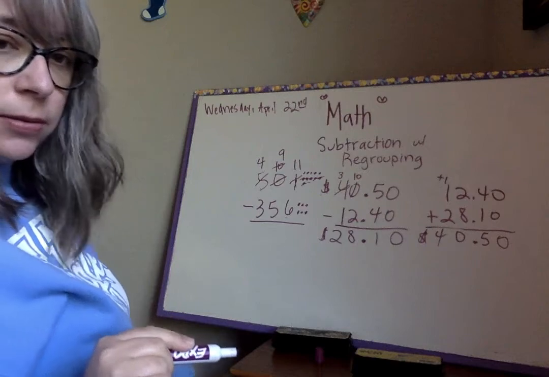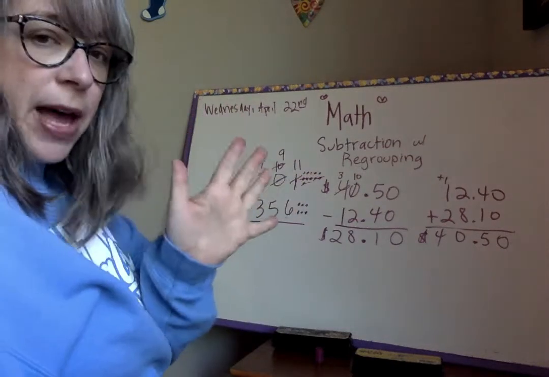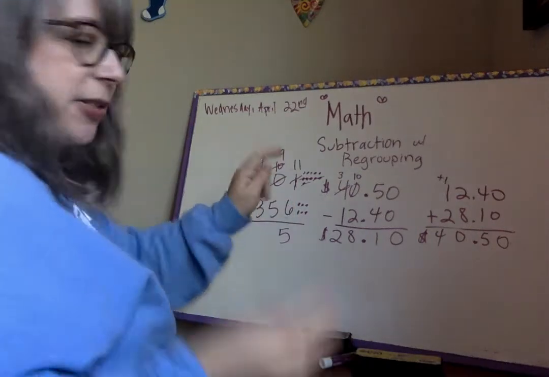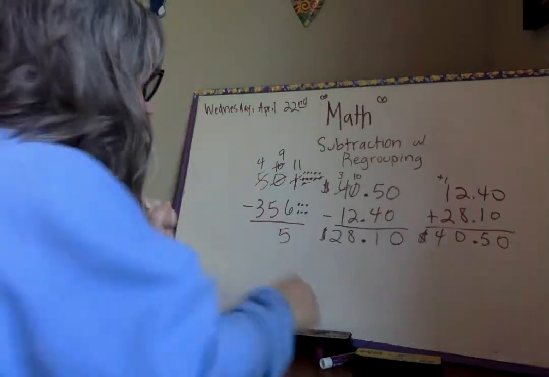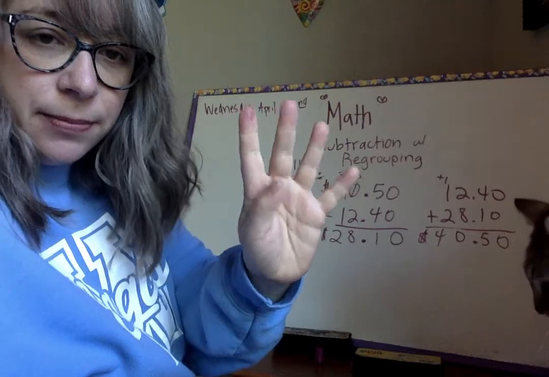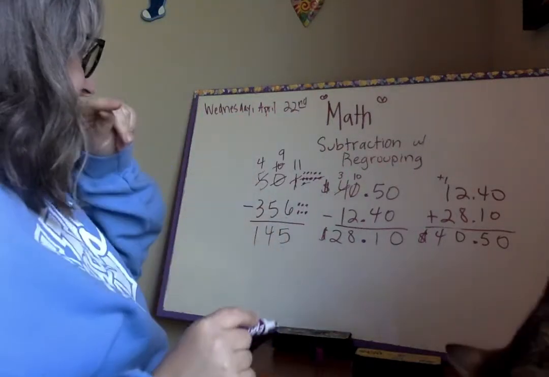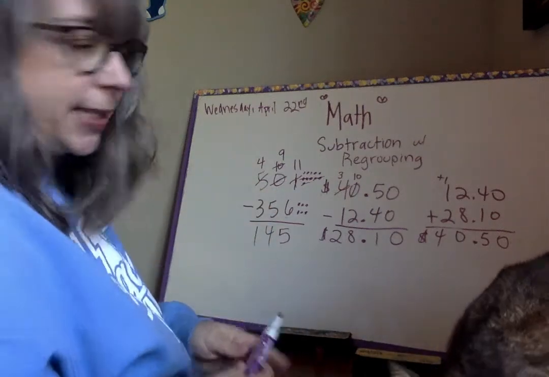What's our answer? 1, 2, 3, 4, 5. 5. 9 minus 5. Can we take 5 out of 9? We sure can, with 4 left over. And 4 minus 3 is 1. So 501 minus 356 is 145.